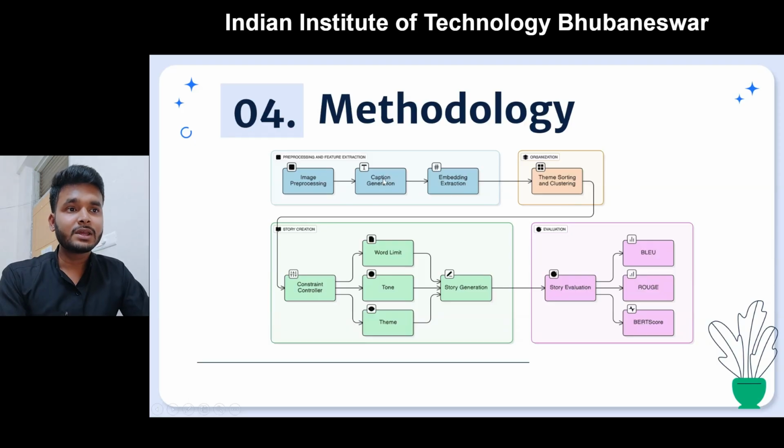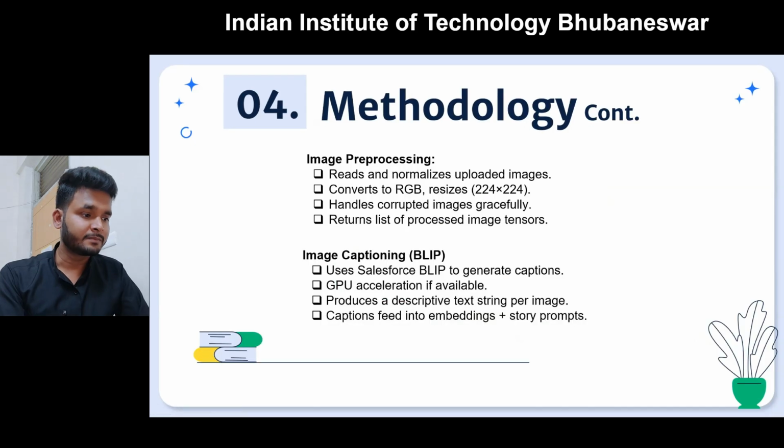For captioning we have used the BLIP model, for embedding we have used the CLIP model, and for theme sorting we are using K-means clustering. Our project is constraint-based story generation, so we have a word limit, theme and tone of the story. After that the story generation process is done, and we have done the evaluation of the story, to see how good our story is.